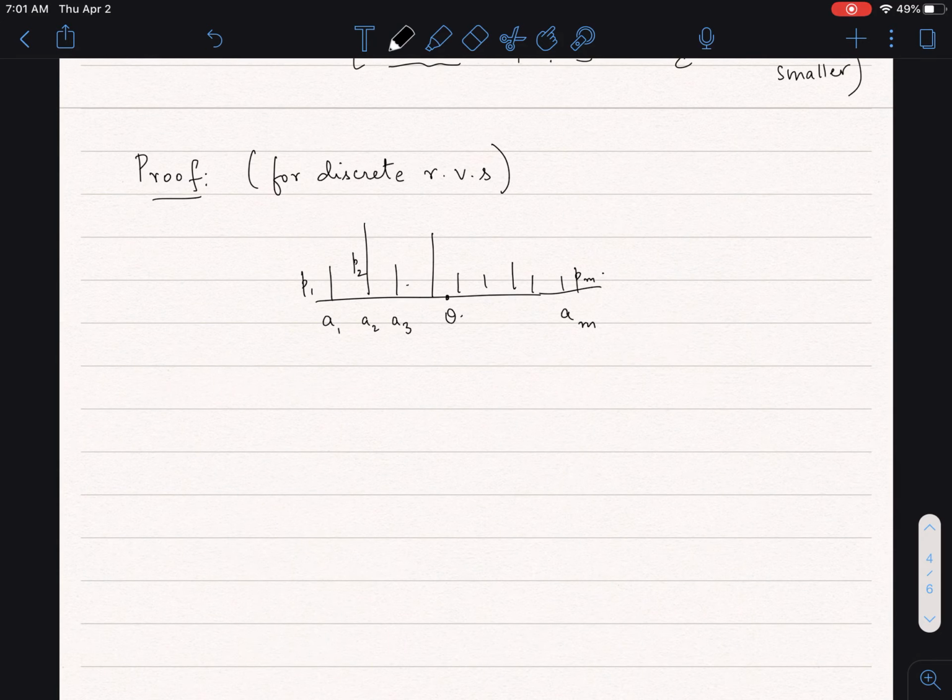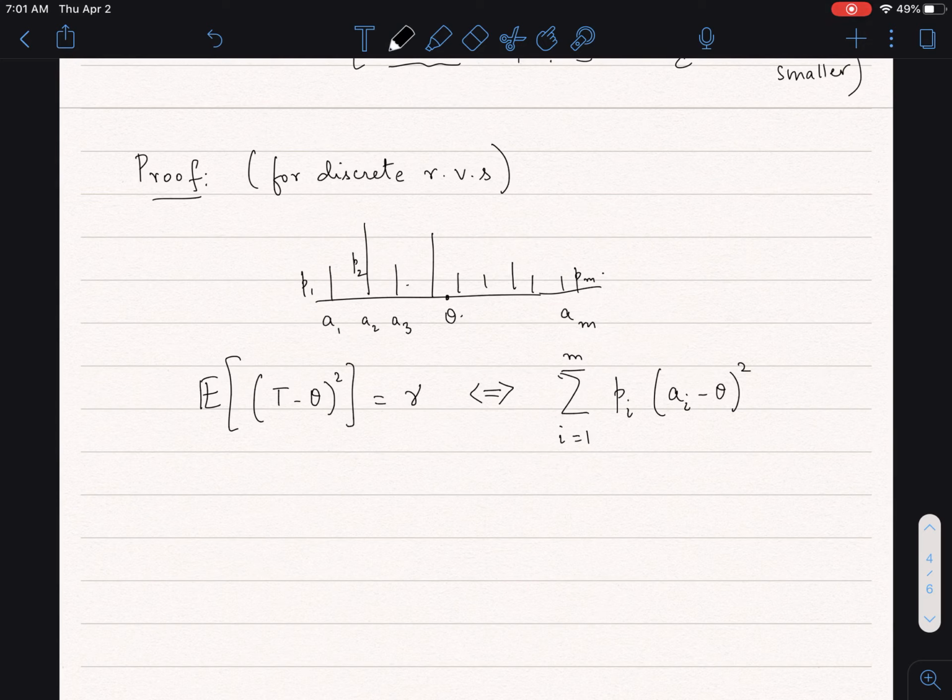Now what does it mean that the expected value of (T minus theta) whole squared equals gamma? This is equivalent to saying that the sum from i going from 1 through m of pi times (ai minus theta) whole squared is equal to gamma.